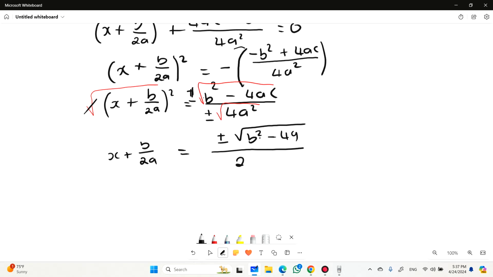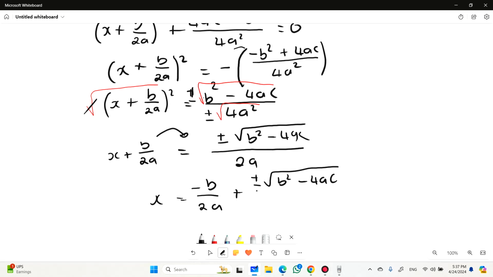The square root of a squared, that's a, right? Then I'm going to transpose that one to that side. Therefore I'll have x. If I transpose it on this side, it will be negative b over 2a plus, this will be plus negative square root b squared minus 4ac, over 2a.